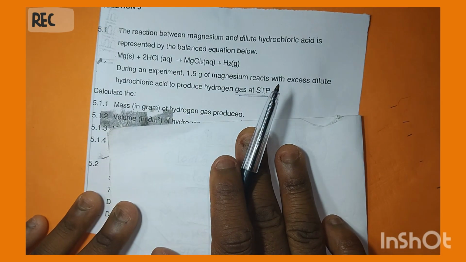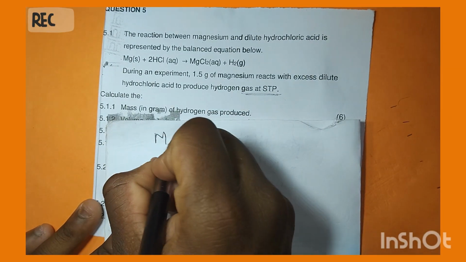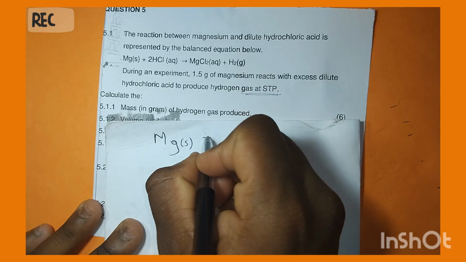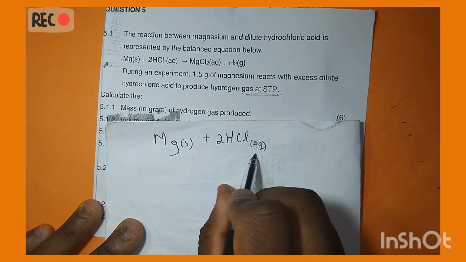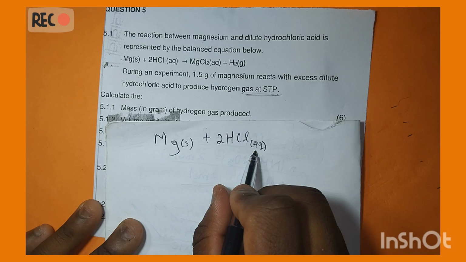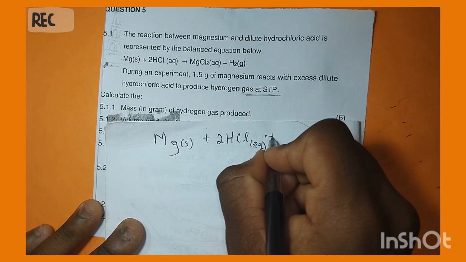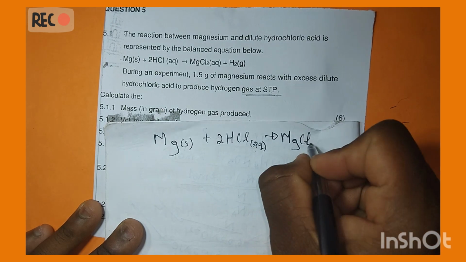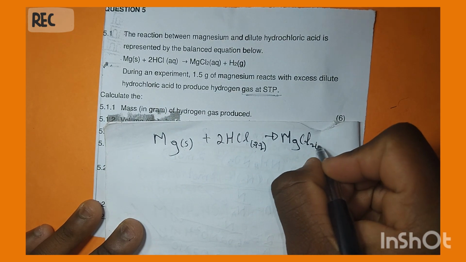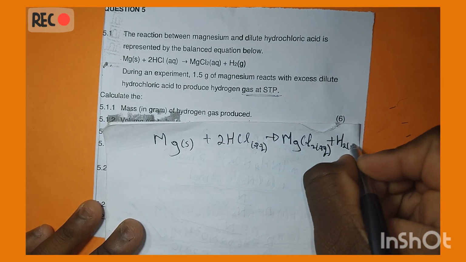So here, let me just take all this information. This is the information that we're given. By the way, Mg(s) plus 2HCl(aq) gives MgCl2(aq) plus H2(g).